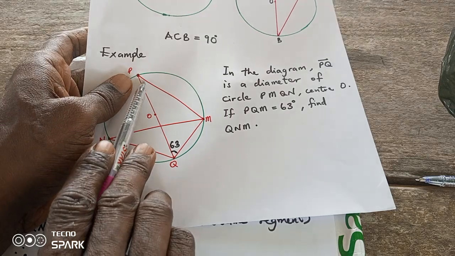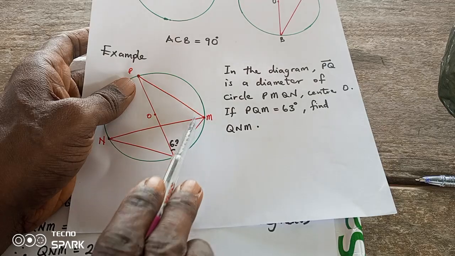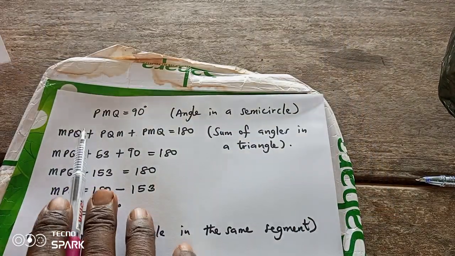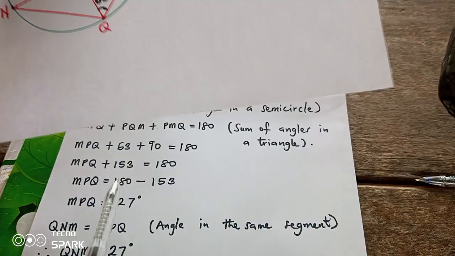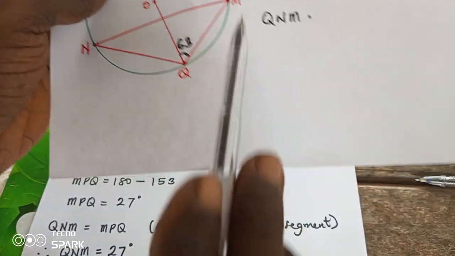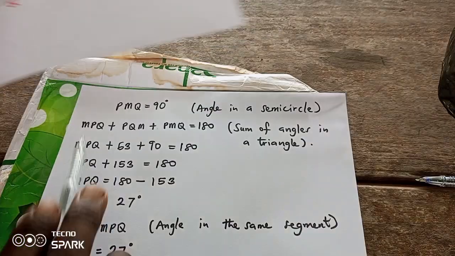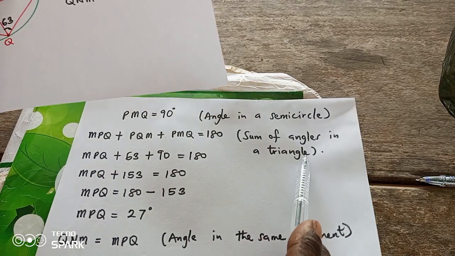So this angle plus this one should be equal to what? 180. So that means angle MPQ plus angle PQM plus angle PMQ should be equal to 180, sum of angles in a triangle.